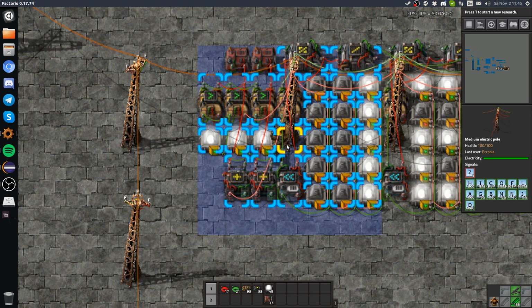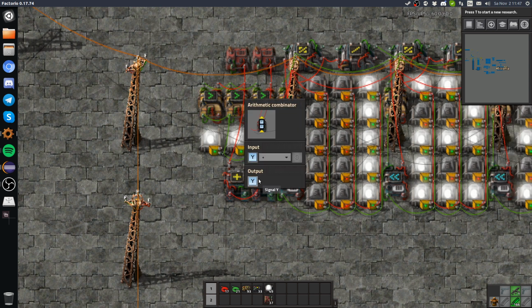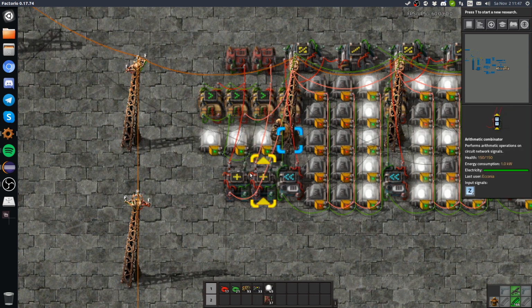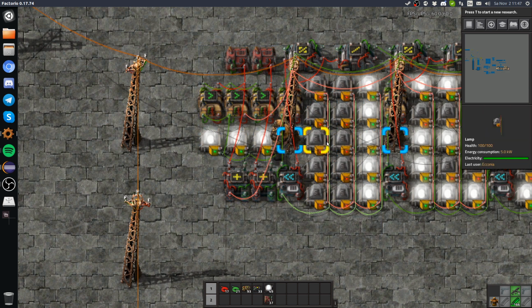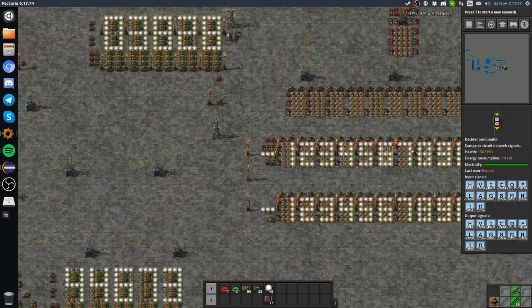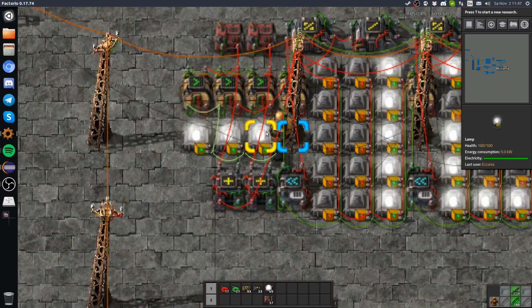Anyway, we got our Z or Y signal on this pole, on the red line, which goes over to these two. Well, these two have on one side a delay purpose, but on the other side a filter purpose, because they will not let anything pass which is not Y or Z. And on the red wire I also have the colors. If you notice it, the red wires are connected to all lamps, literally all of these lamps are connected by the red wire to transmit a color, in case that there is a color.